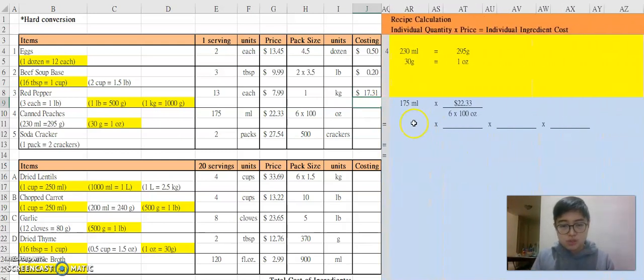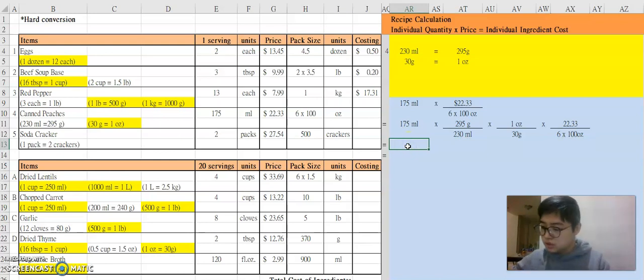Okay, the fourth one, 175 milliliters. 230 milliliters is equal to 295 grams, and 30 grams is equal to 1 ounce. And then the original equation, 6 times ounce.